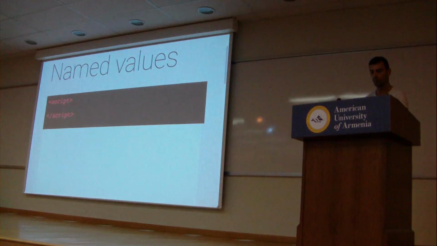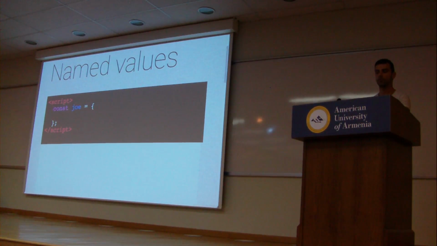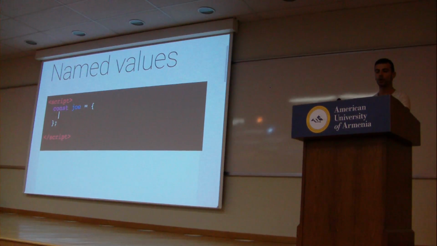Okay, so I want to create an object and give it a name, Joe. What do I do? Curly braces. Cool. Okay, I want Joe to have a first name, give me a name, David. How do I give him a first name?